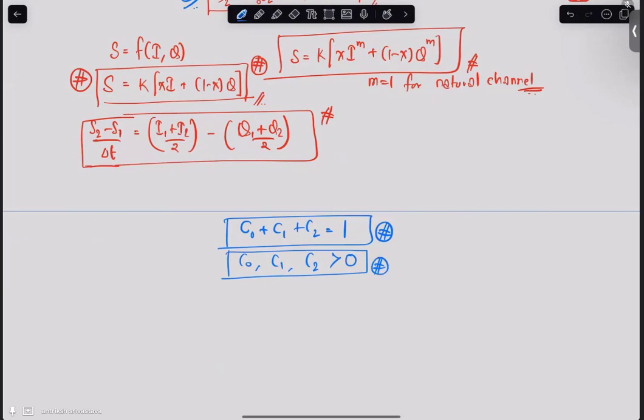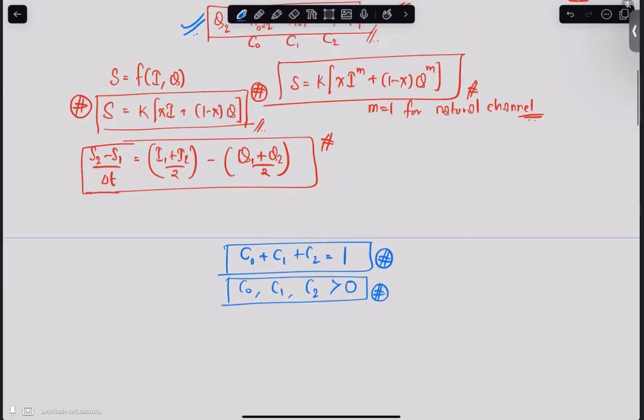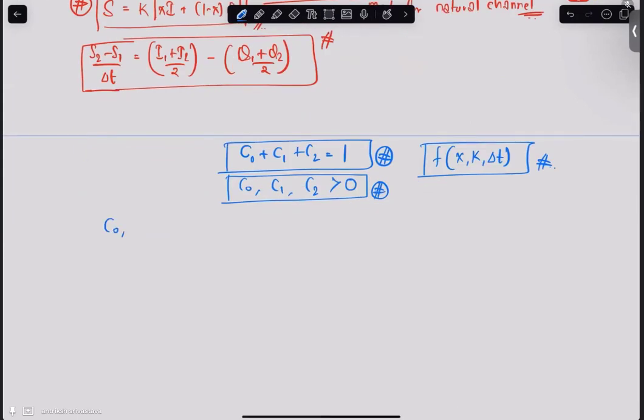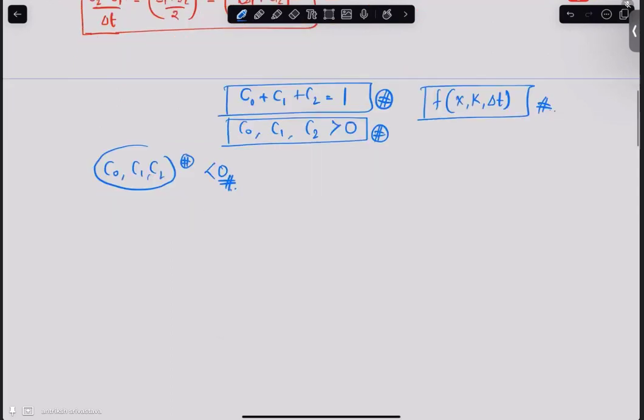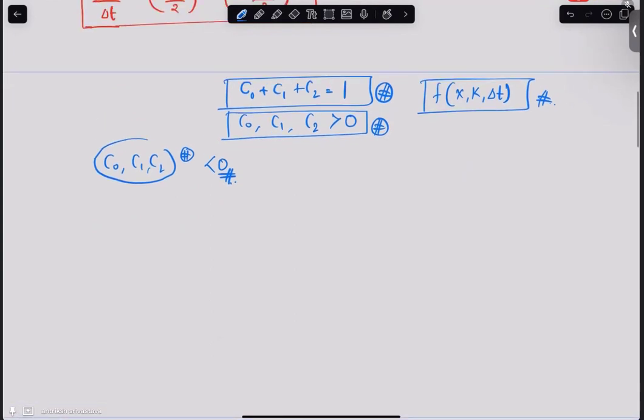You calculate C0, C1, C2 as a function of x, k and delta t, right? But there are some cases when C0, C1 or C2, either one of these might come less than 0, right? In that case, what is the standard procedure?